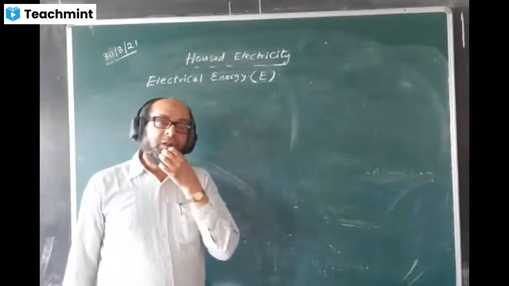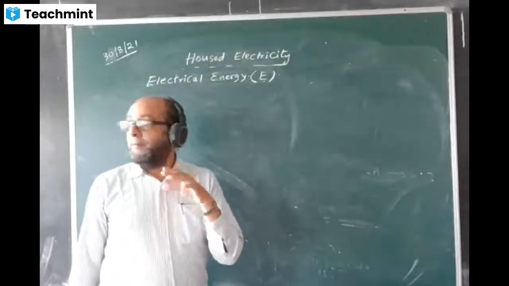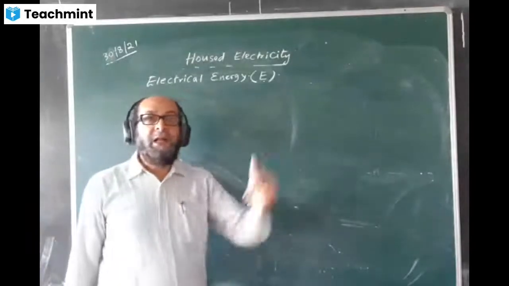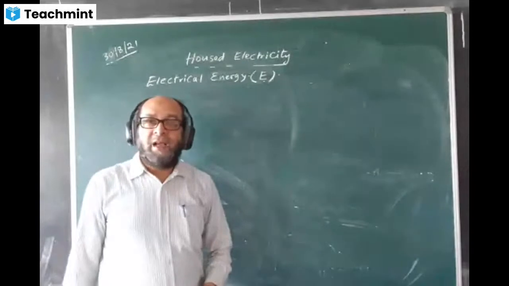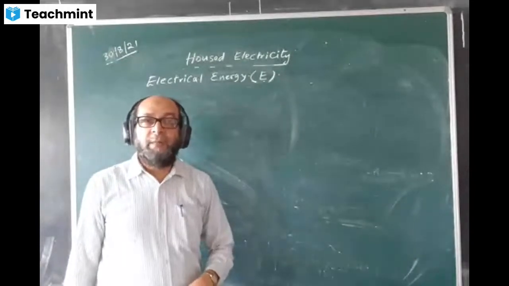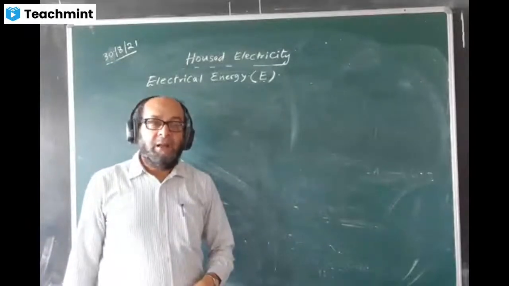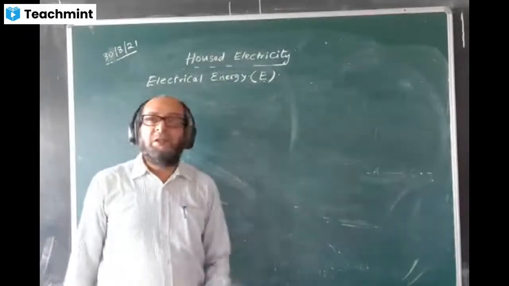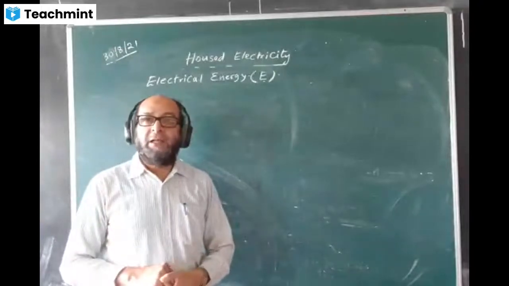The easiest way to get another form of energy is electrical energy. We have lots of electrical instruments and devices where we easily convert electrical energy into other forms of energy. We get all things of our convenience based on electrical energy.